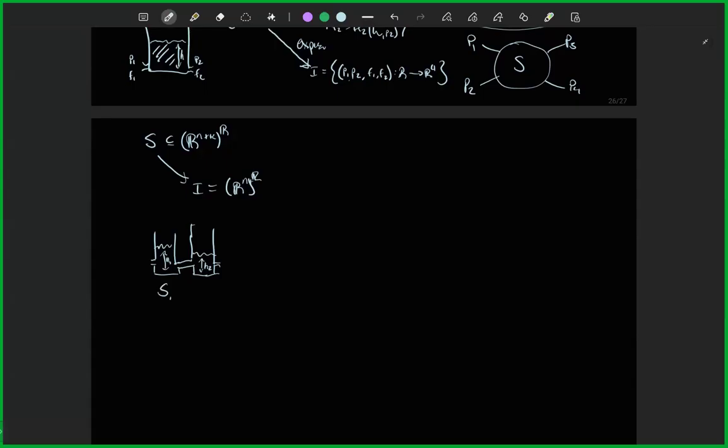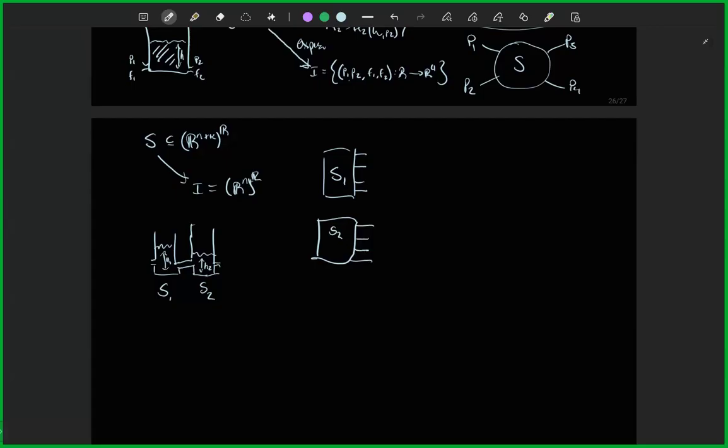Let's call this S1 and S2. They're both going to be copies of the same thing. So over here we have S1, and I'll give a little version of this. We could draw them as bubbles, but it also is nice to draw them as boxes, just having 4 things coming out of it, like this. S1, S2.